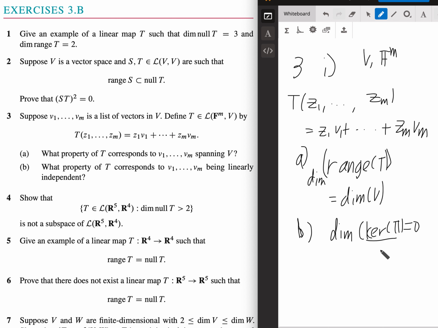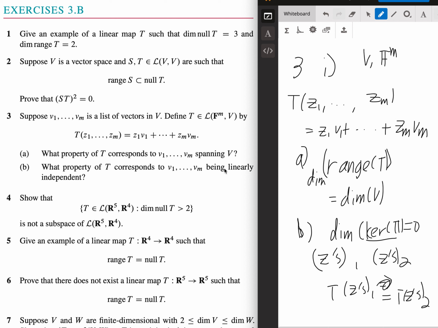Because otherwise, if the kernel is not equal to 0, then there exist two separate sets of z's, call them z1 and z2, so that if you give them a transformation T, they map to the same thing, which is not good.